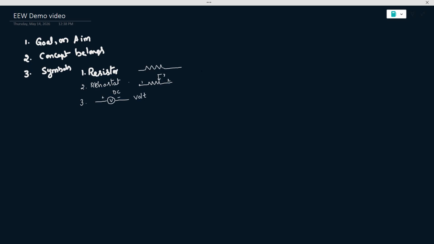If it is AC, polarity is not mentioned here, and inside we can place a sinusoid. If it is an ammeter, it is a circle with a letter A inside. Again, for DC, we definitely need to place plus and minus. So this is the ammeter.